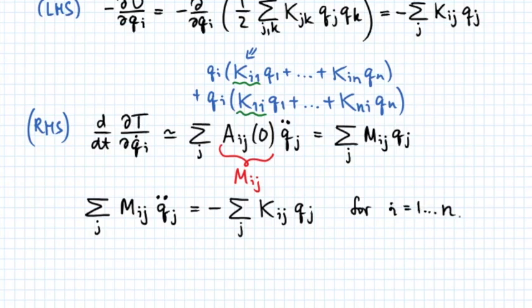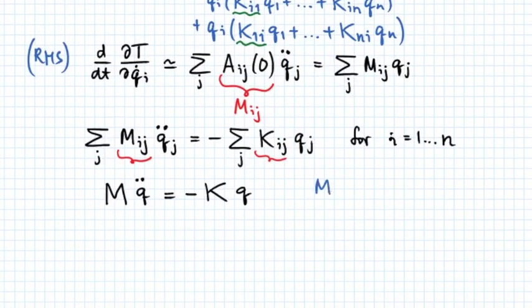This equation of motion is best written in the matrix form. Matrix M, which consists of coefficients M sub ij, times Q double dot, where Q is an n-column, equals minus matrix K, which is given by coefficients k sub ij, times the column Q. Thus, M and K are n by n symmetric matrices.